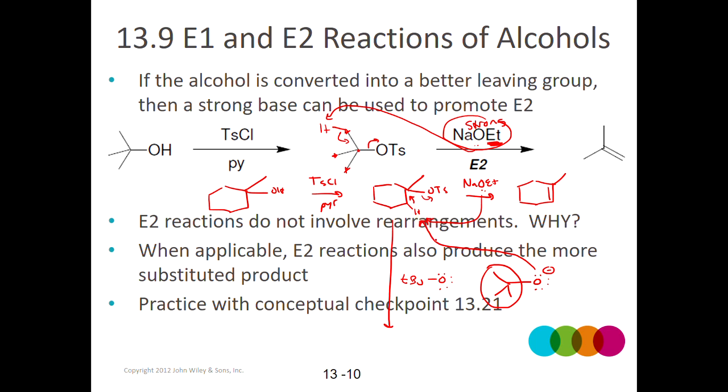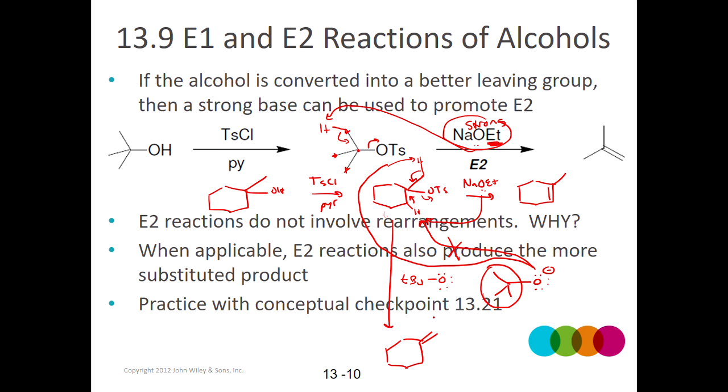If it goes in for the same proton, the sterics of this group might bump into some of the sterics on the ring or the methyl group over here, and that would create a repulsion, so it's not going to happen that often. It'll be unstable during the transition state. Instead, it'd be more likely to go for the hydrogen that's on the outside and more available with no sterics. And that would push these electrons in and push the leaving group out and give you the other alkene.